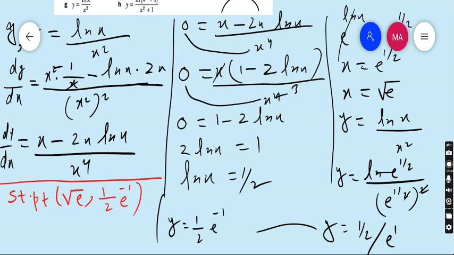Now we have to find the nature of these stationary points.